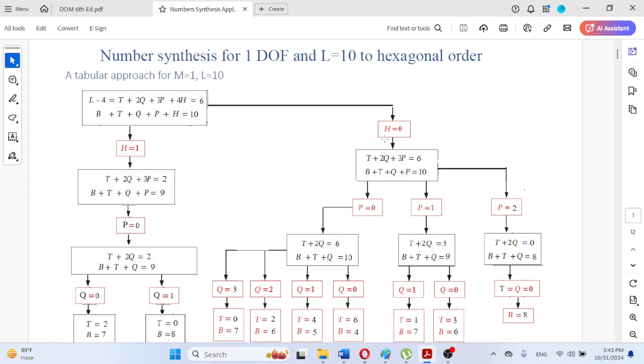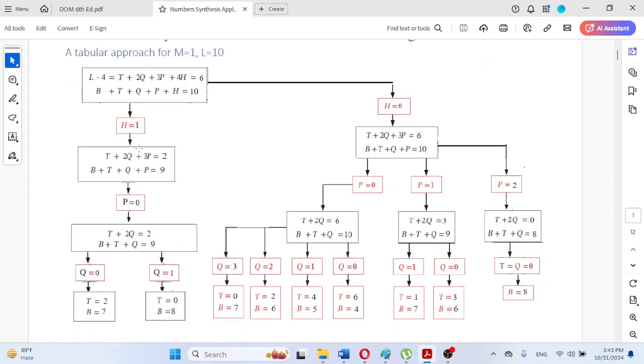So there are two values, h0 and h1, and we will start from these values. For example, say h is equal to 1 in this set of equations. We will first put h equal to 1 into the first or upper equation.